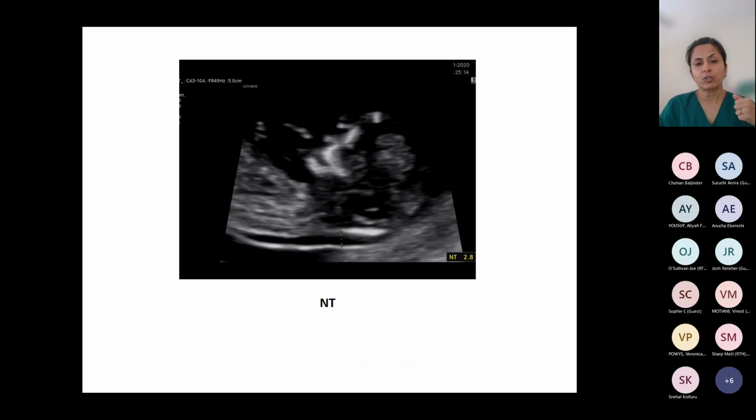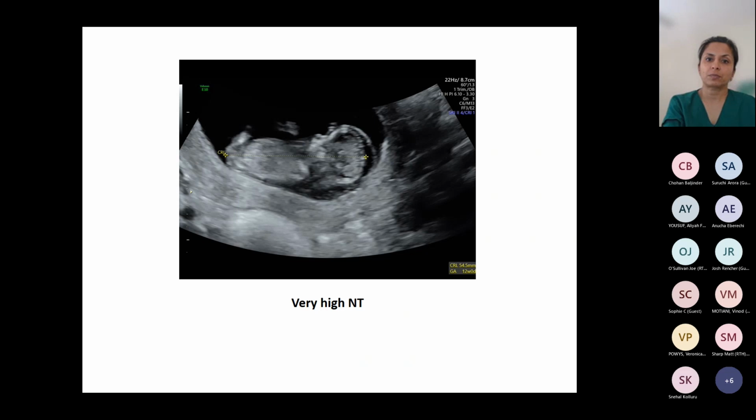And if they would like to do that, we measure the nuchal thickness, which is basically the fluid at the back of the baby's neck, which is what is demonstrated here. And then they have a blood test, which studies hCG and PAPP-A levels, and then we join it all up, and a risk is calculated for Down syndrome, Edwards and Patau's.